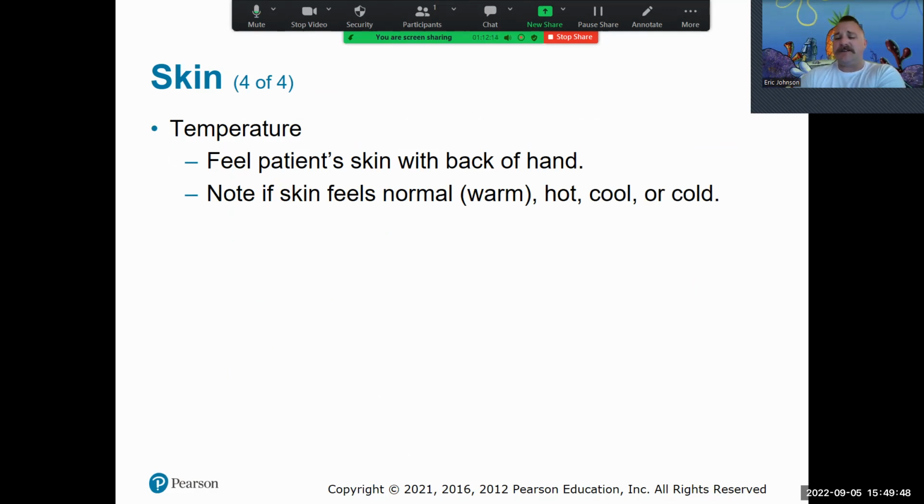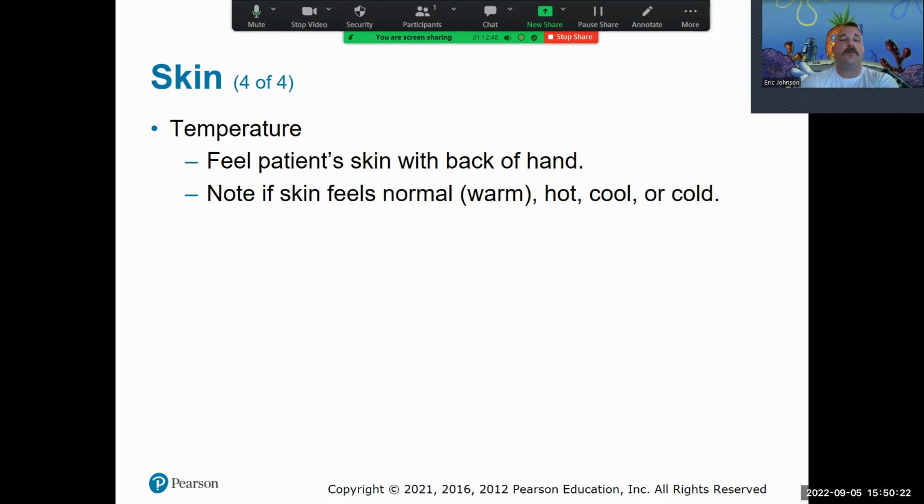So when we talk about skin condition, we're talking about the general condition of the skin, whether it is dry, moist, wet. We're looking at the way that the skin presents. In a normal patient, in a patient that is healthy, their skin signs should be normal across the board. Normal being that it is normal skin tone, normal skin temperature, so normal, warm, and their skin condition would be dry, or would be what we'd expect it to normally.